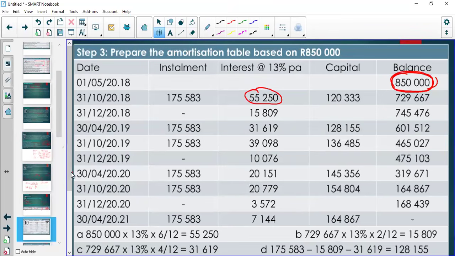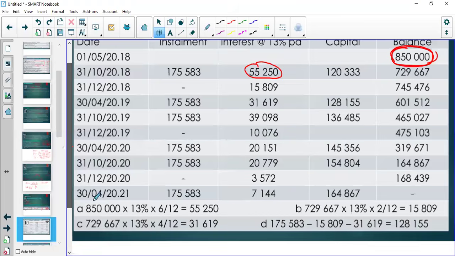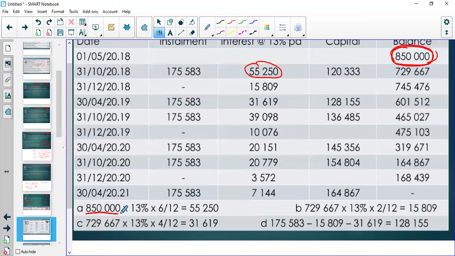Right. So the balance at the beginning of that period is 850,000. And interest is calculated at 13% per annum. So you need to remember whether your percentage is per annum or it's periodic or biannually. If it is per annum, then you multiply by 6/12, because this is for 6 months out of the 12.